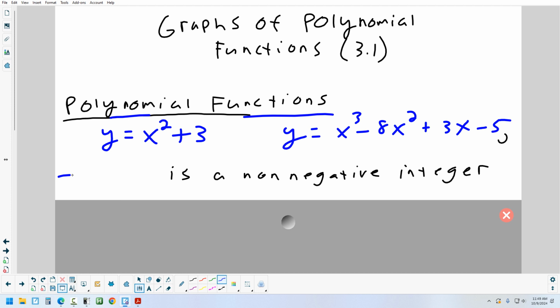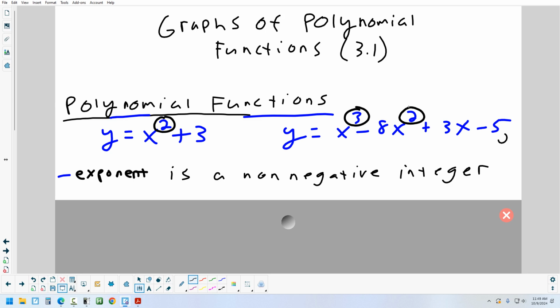The thing that makes it a polynomial is the exponent is a non-negative integer. So when you look at the exponent, you got a 2, you got a 3, you got a 2. The exponent has to be a number that is not negative, and it has to be an integer.